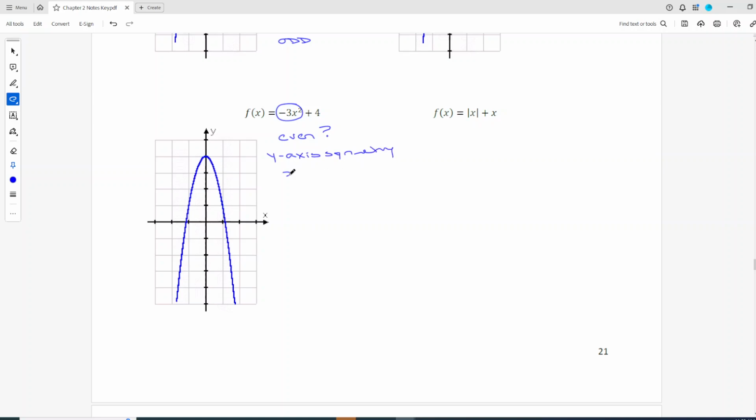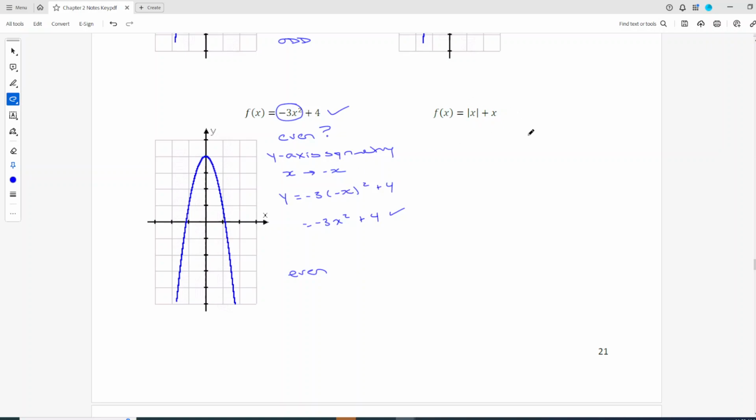To do that, I'm going to replace x with negative x, and then I get y equals negative 3 times negative x squared plus 4, which the square is going to make that positive, so it's going to stay negative 3x squared plus 4, and since it matches, I will say that this guy is even in terms of its symmetry, and because the highest exponent is even.